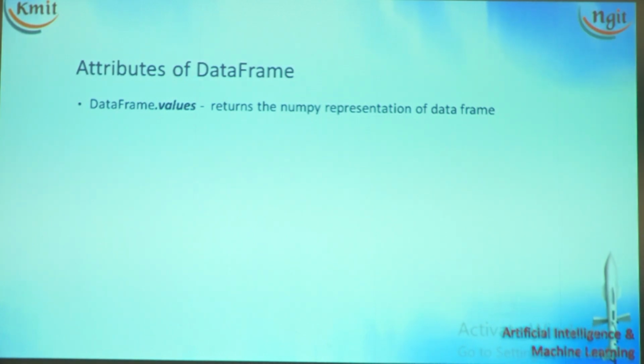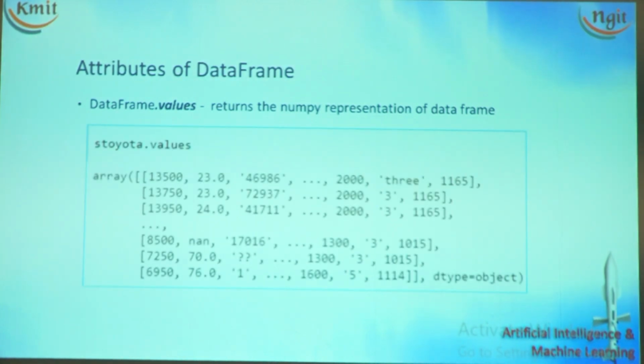Now you can see here, I gave the data frame name dot values. What is it giving me, guys? It gives me a Numpy array of all the values of my data set. Clear with this? If you have a data set with all numbers that you want to work with, create a Numpy array, which is faster, and work with it.